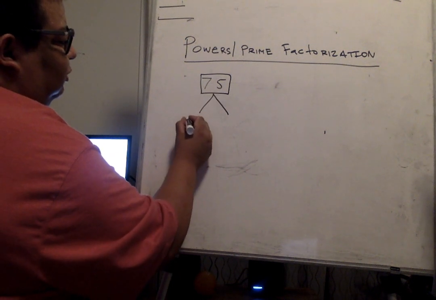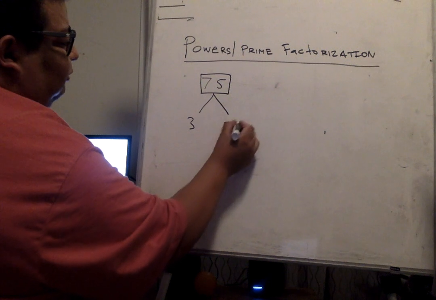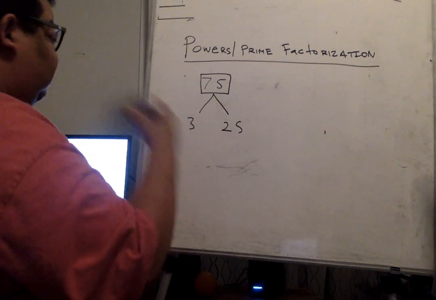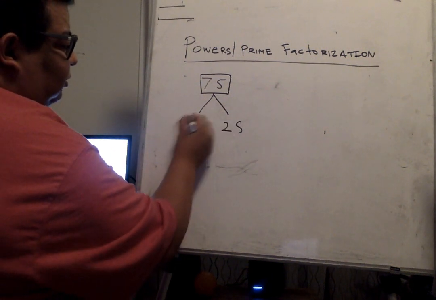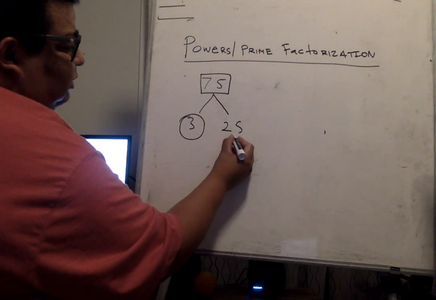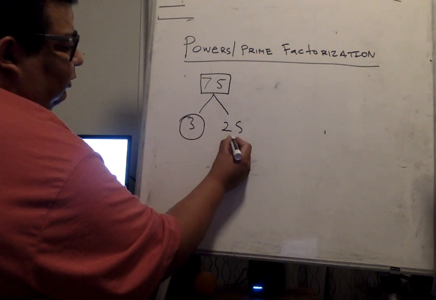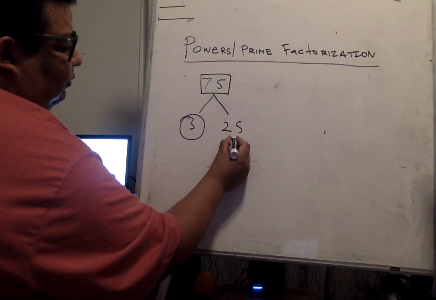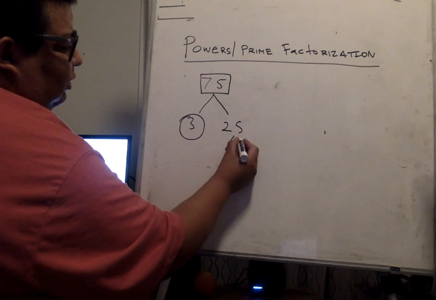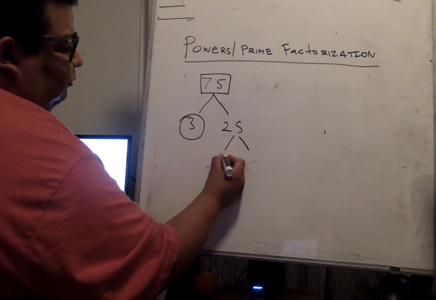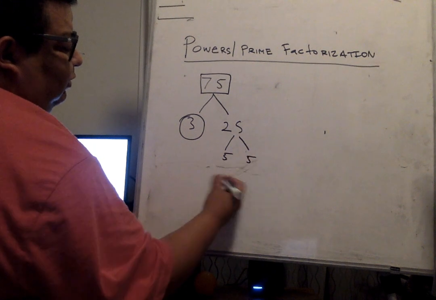We can put 3 and 25. Remember, 3 is a prime number, so you can circle it. Now let's see if 25 can go any further. 25 can be split up into 5 and 5.